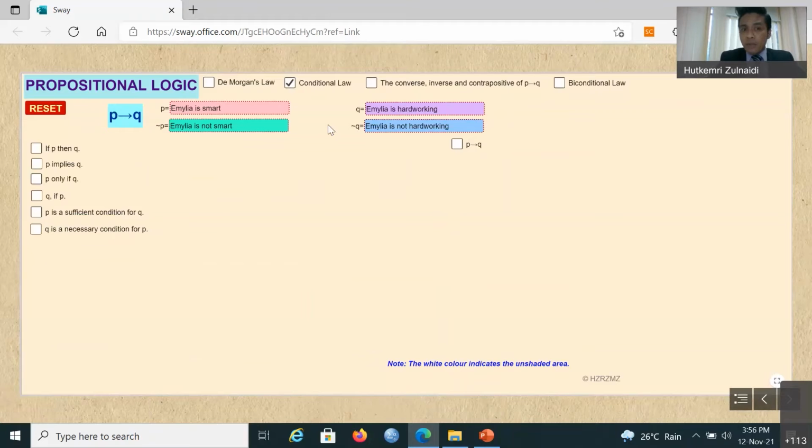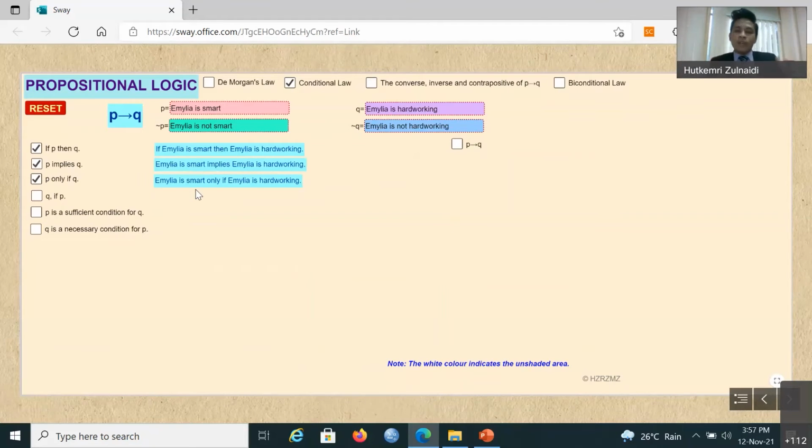Same as before, with the current situation, we press "if P then Q," "P implies Q," or "P only if Q." It depends on the situation you put in the box. That is how GeoGebra runs for My-OTG.